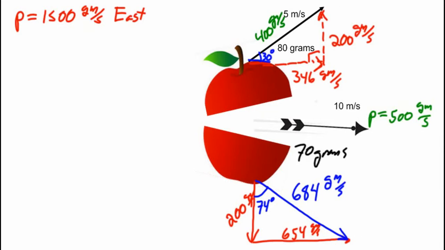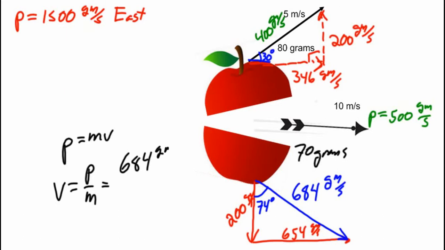But we were finally asked for the speed. And since momentum is equal to mass times velocity, we say velocity is momentum divided by mass. And since our momentum is 684 gram meters per second, I'm going to divide by the 70 grams. The grams will cancel and I'll be left with just meters per second.